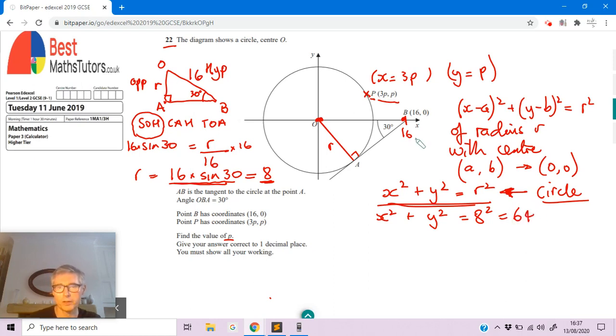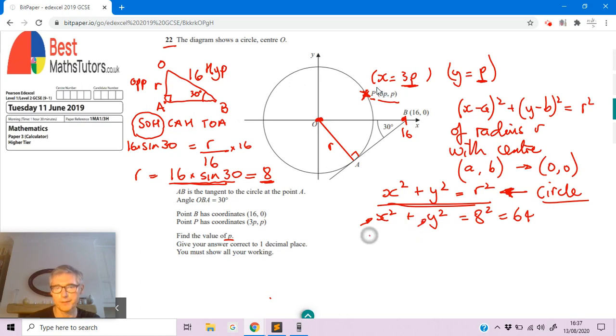And then what I can also do to find the value of p is I can say, well, since for this point on the circle, we know that x is equal to 3p, and we also know that y is equal to p. So we can replace the x here by the 3p, and we can replace the y by p.